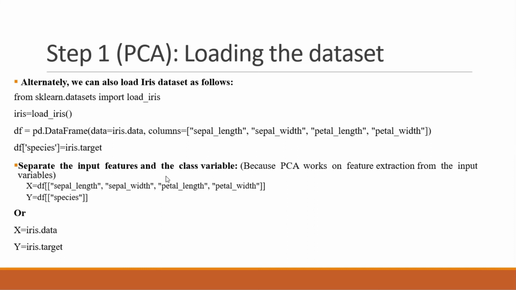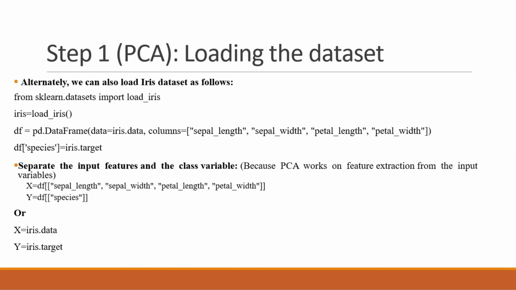Now separate the input features and the class variable. Now, because PCA works on the feature extraction from the input variables, that's why we have to separate these two things, and that can be done by these two steps. X is equal to data frame, sepal length, sepal width, petal length, petal width, all the four columns, and species will be the Y, which is my class variable.